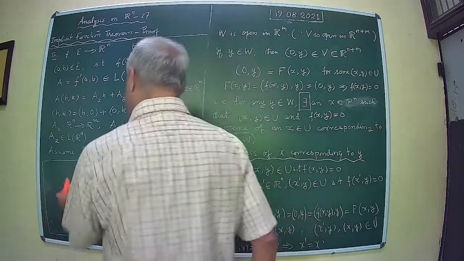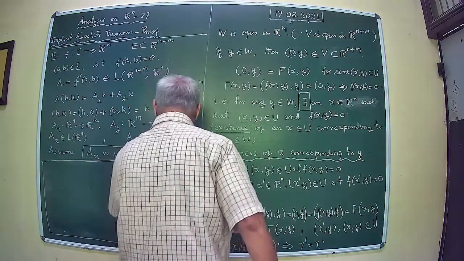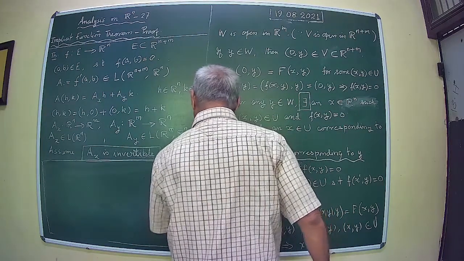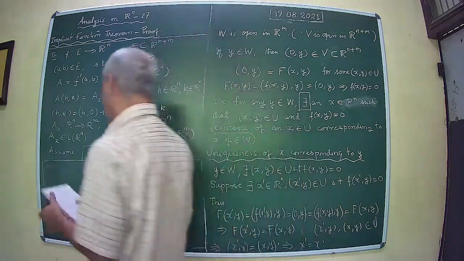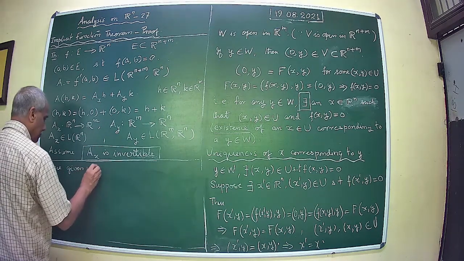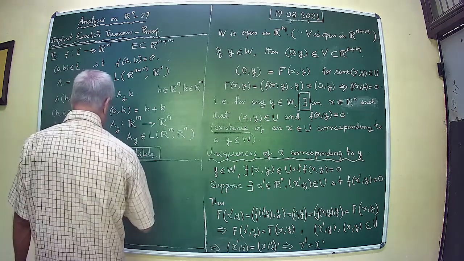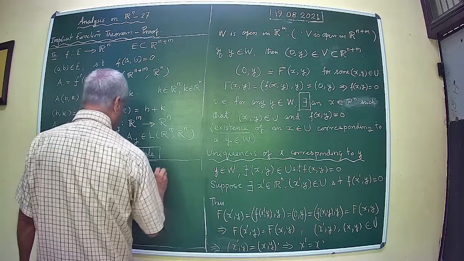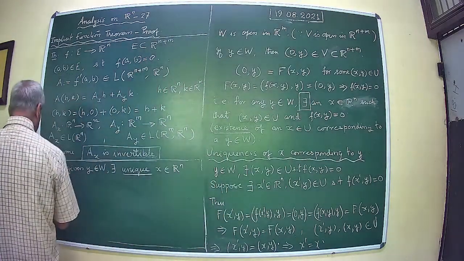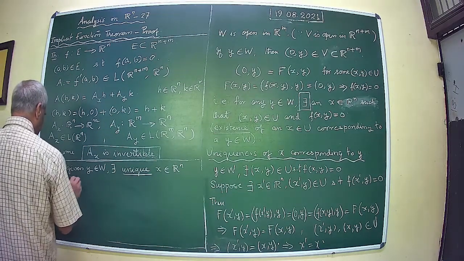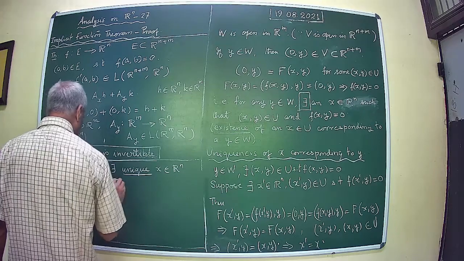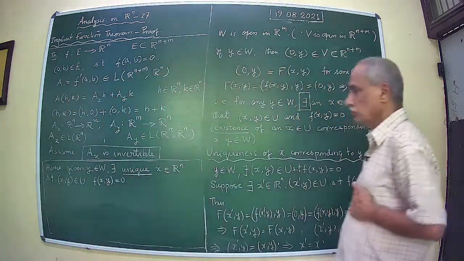The consequence of this is that, given y belonging to W, there exists a uniquely determined x in U such that, so given y belonging to W, there exists a unique x belonging to Rn such that xy belongs to U and f of xy is 0. This is what we have proved.